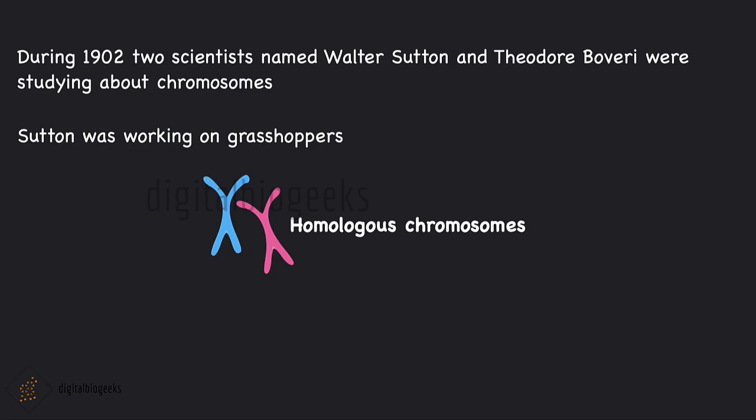That means there are homologous chromosomes in which one we get from mother and one from father. He said that these matched pairs of chromosomes separate during meiosis. Boveri was studying sea urchins in which he found that all the chromosomes had to be present for proper embryonic development. They used their knowledge of chromosome movement to explain the Mendelian principles.